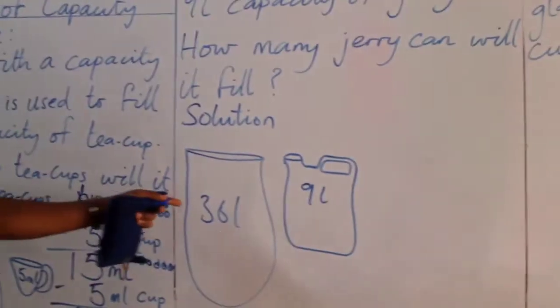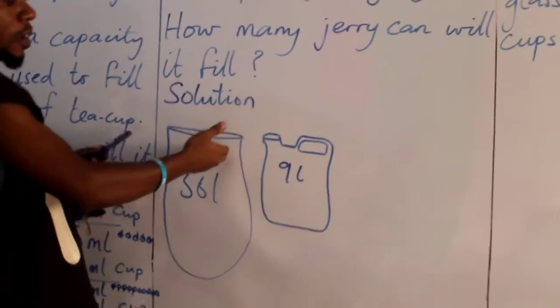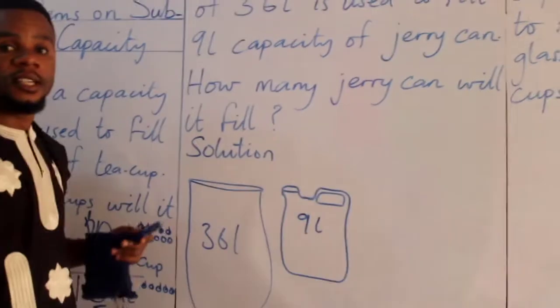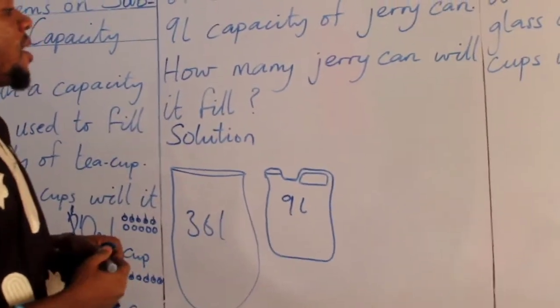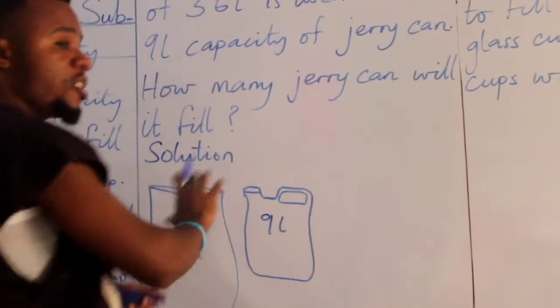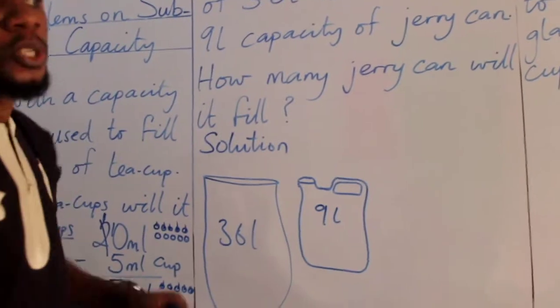So we want to take out maybe oil or water or anything contained in this cask and fill it into this container, jerry can. Now let's see how many times we can get that. Remember, we are using what? Subtraction, because we are taking out. Taking out means to subtract.